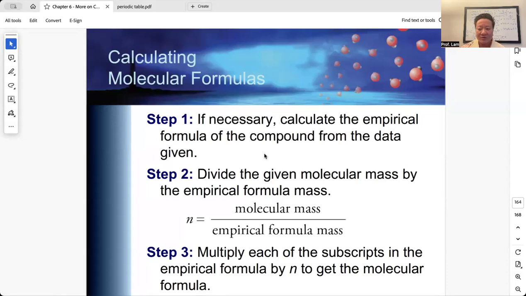So if you take the molecular mass, the big mass, and you divide it by the small empirical formula mass, you will get that factor n. That factor n is what separates the empirical formula from the molecular formula. And so you just multiply back up by that n factor to get to the molecular formula.